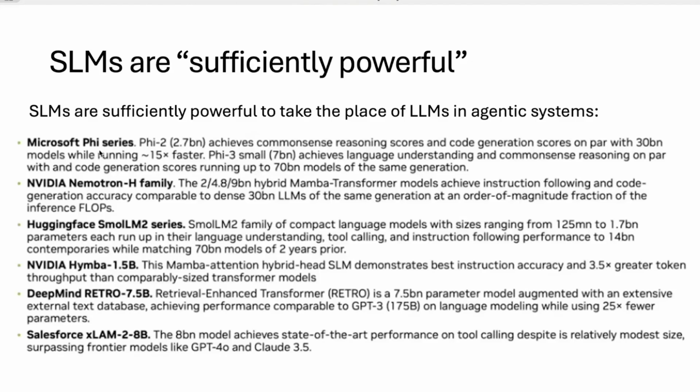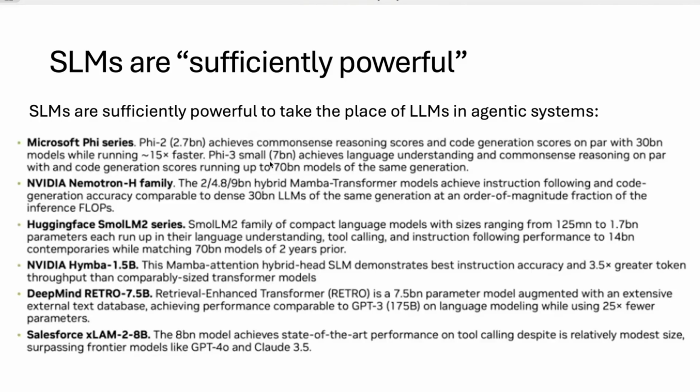Microsoft has a very popular series of SLMs called the Phi model. I think I have also given a meetup on the Phi-2 and Phi-3 models. These models, at just 2.7 billion parameters, are able to show that in terms of common sense reasoning and code generation, they are on par with a 30 billion model, but 10 times smaller, so it's able to run roughly 15 times faster.